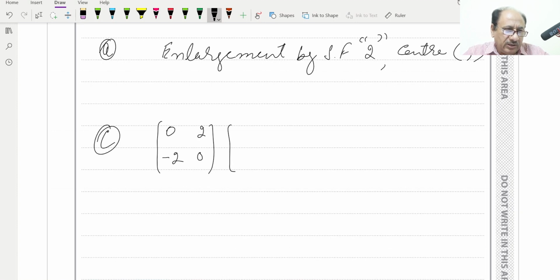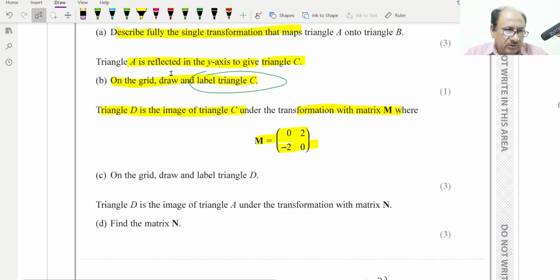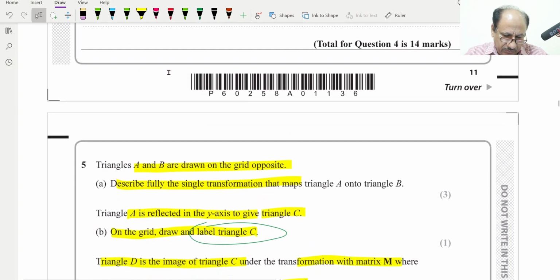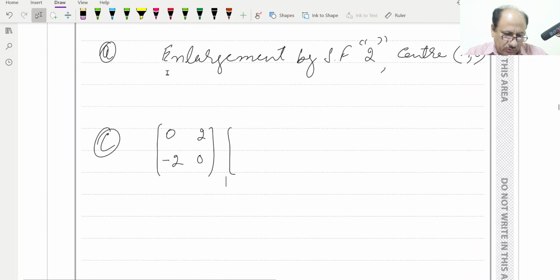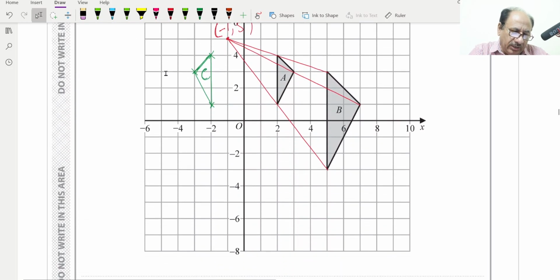This is the given matrix, and the other matrix we can take is of the triangle. We are checking for C, so we'll go down. This is for C: minus 2 and minus 2 and 1 will be this point, minus 2 and 1, and minus 2 and 4 will be this point, and minus 3 and 3 will be this point.